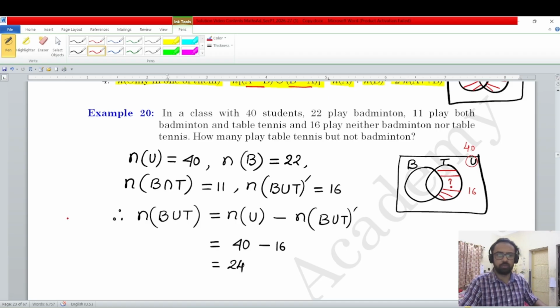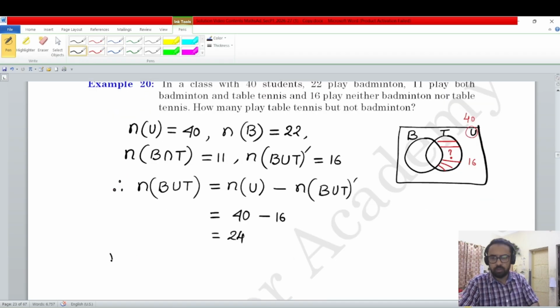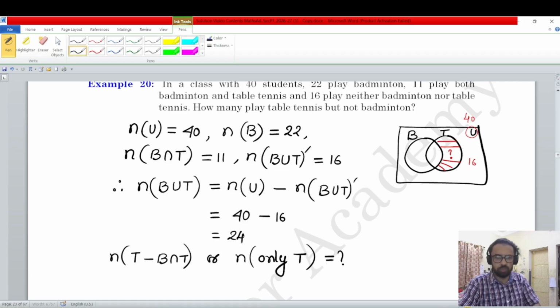That means we need to calculate the number of students in T difference B intersection T, or you can say the number of students playing only table tennis. This we need to calculate.